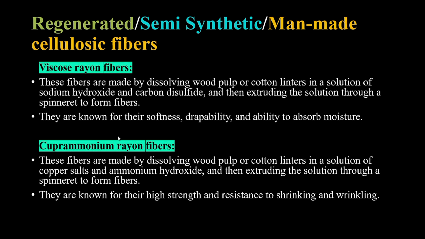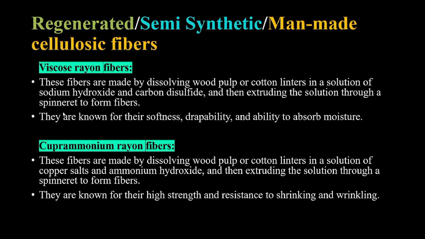First is viscose rayon. These fibers are made by dissolving wood pulp or cotton linter in a solution of sodium hydroxide and carbon disulfide and then extruding the solution through a spinneret to form fibers.